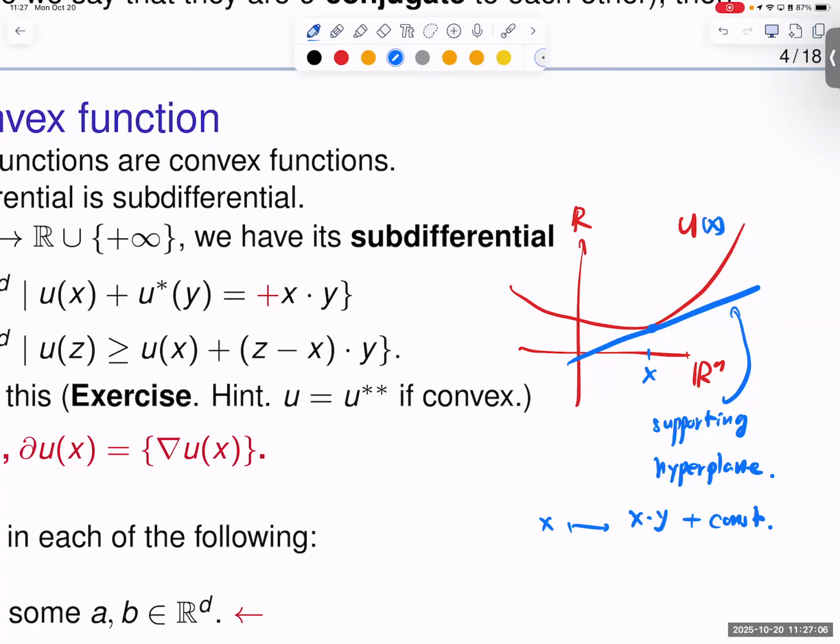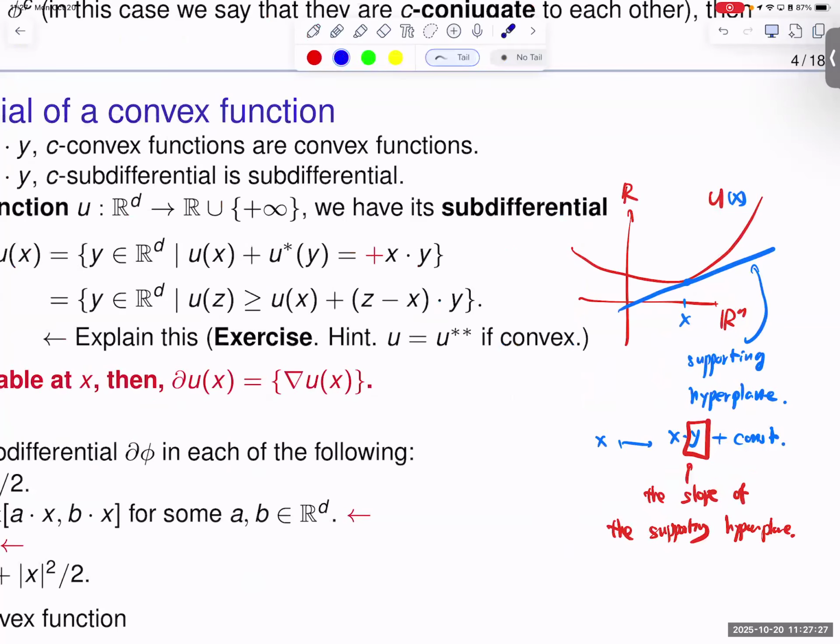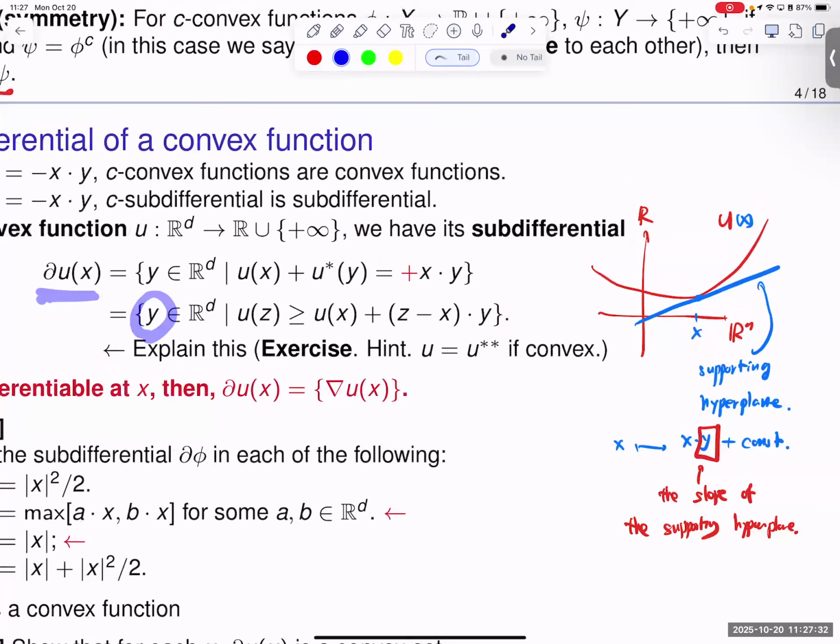So the slopes y, the slopes of the supporting hyperplane, belong to the subdifferential. The subdifferential is nothing but what you get when you consider the supporting hyperplanes of the convex function u at a point.